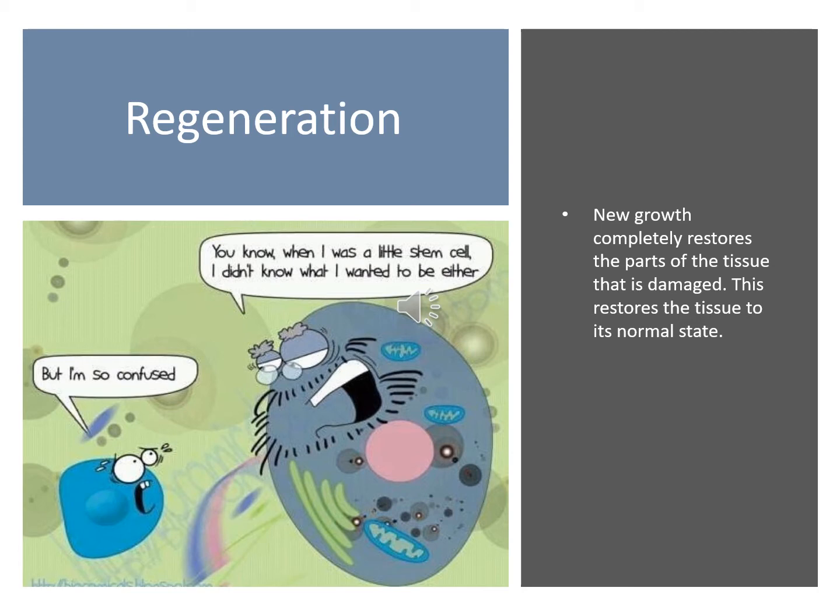So we go back now to our stem cells that we learnt about way at the beginning of the semester, and they play a big part, the stem cells, in helping make new cells that will then regenerate the tissue.